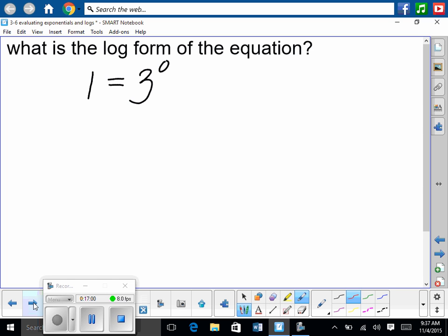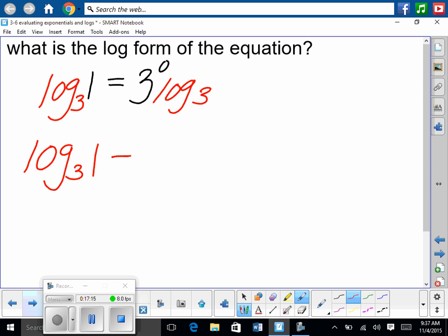But with this one, we're going to be doing log to the base 3 of both sides. Does everybody understand that? Okay. So log to the base 3 of both sides of the equation. Over here on the left, we have log to the base 3 of 1 is equal to, and then on the right, base 3 and log to the base 3 cancel out. Those are inverses of each other, leaving us with 0.